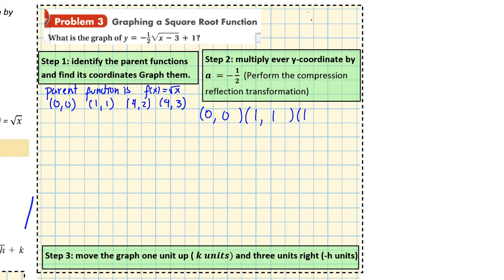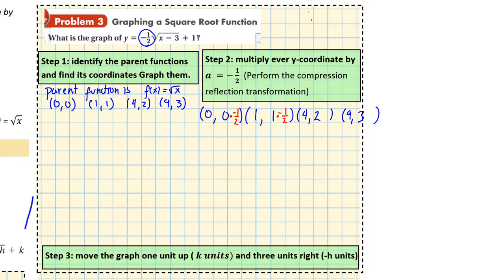Now a, remember, is the number in front of the radical. So in this case, a is equal to negative 1/2. So 4, 2, and then 9, 3. So we're going to go back and multiply all those numbers by negative 1/2.